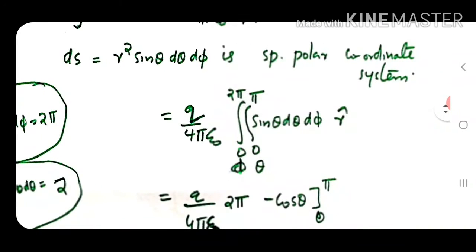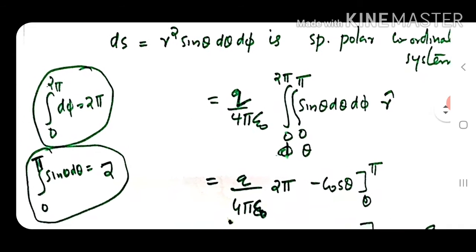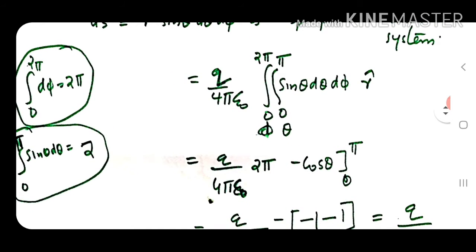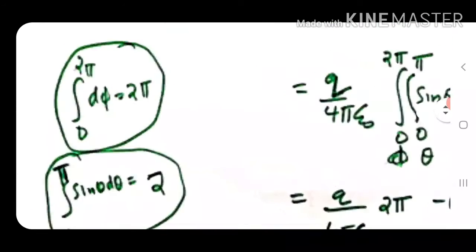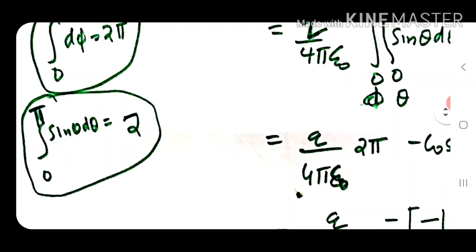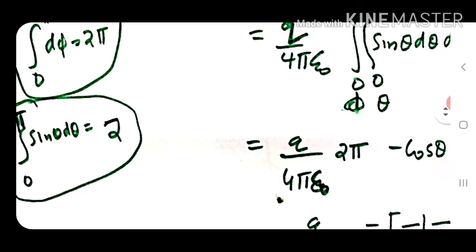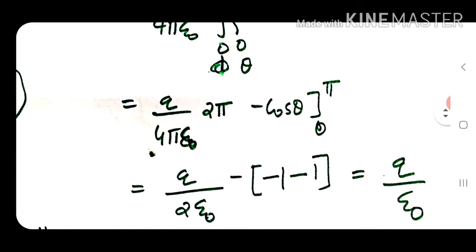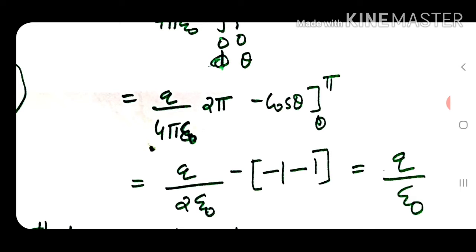So we have q by 4 pi epsilon 0 integral sine theta d theta d phi. The integration with respect to phi, integral 0 to 2 pi d phi, is equal to 2 pi, and integral 0 to pi sine theta d theta will be equal to 2, because as we integrate sine theta, we get minus cos theta, and the limits are 0 and pi.